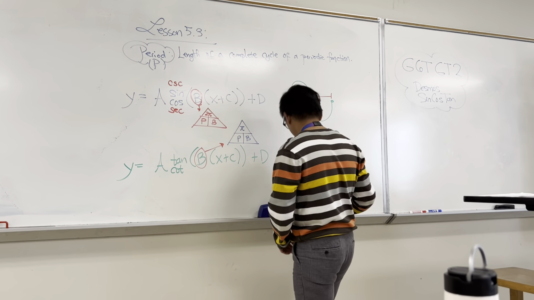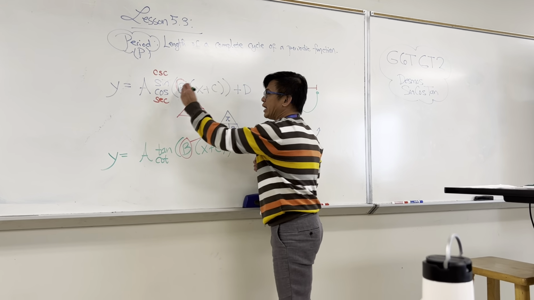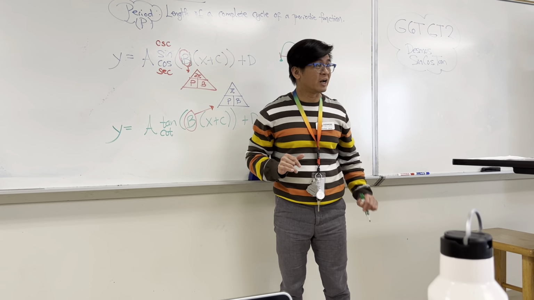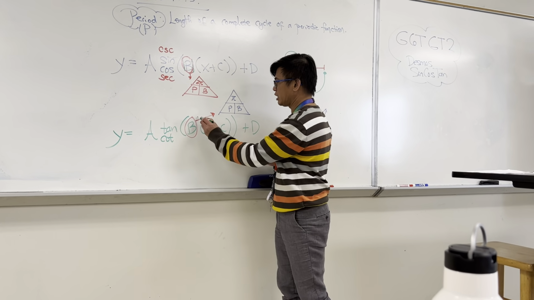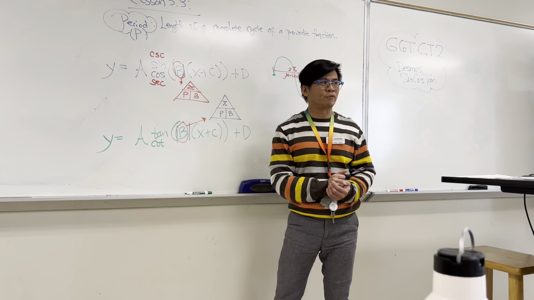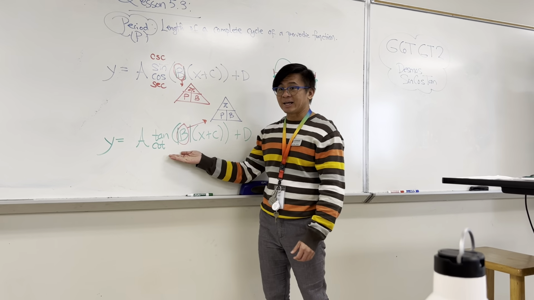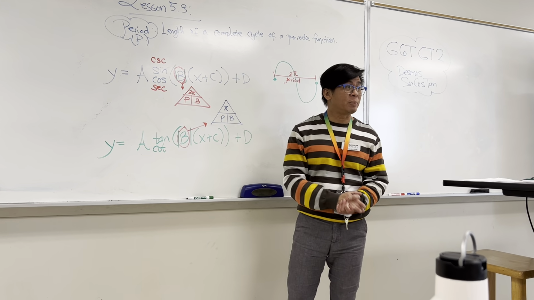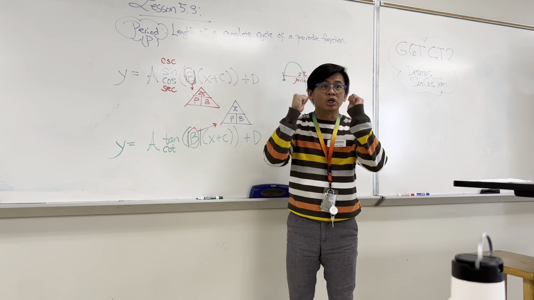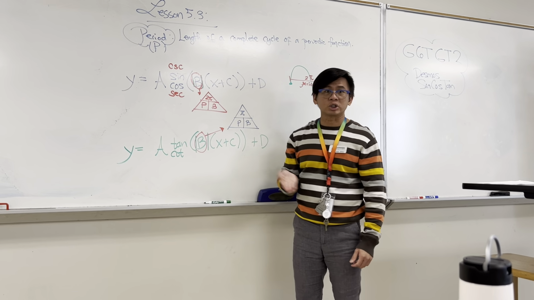I forgot something: absolute value, right? Because sometimes it can be negative. What you're going to do is get the absolute value of that. Similarly here, get the absolute value. Whatever the multiplier of your x is for tangent, that's going to be the b. By the way, those b are not yet the period. You're going to use these triangles to get the period, right?